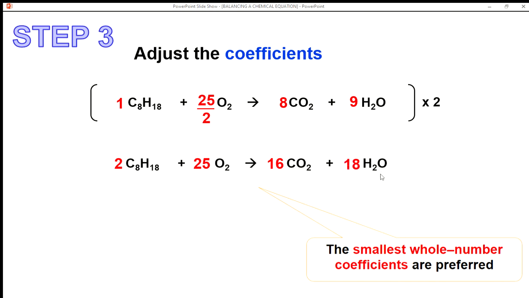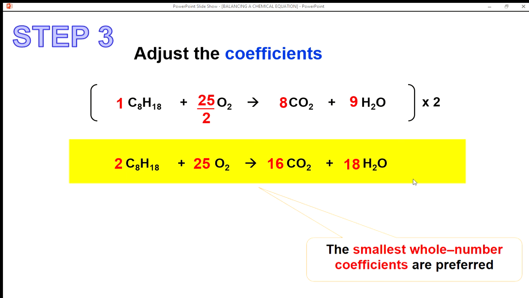So remember, whenever we multiply the whole equation, all of the coefficients in the equation will multiply with the same number. And what do we get here? We have 2 moles of octane, 25 moles of oxygen, 16 moles of carbon dioxide, and 18 moles of water.